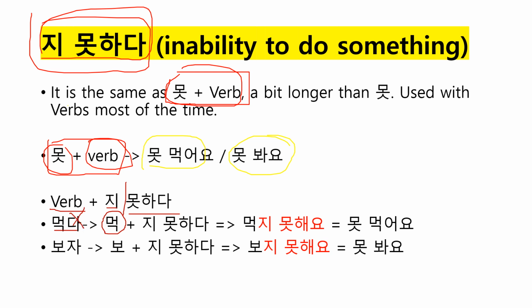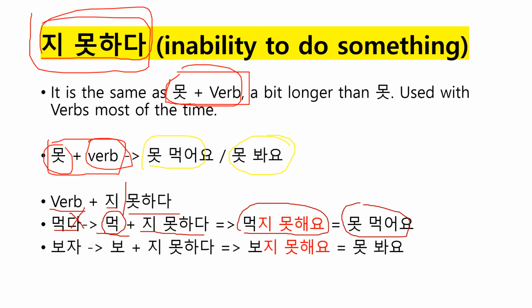So forget about 다, just take the 먹, and then 지 못하다. 먹지 못하다 becomes 먹지 못해요. Or it's the same as 못 먹어요. So it depends on you which one you prefer. 먹지 못해요 or 못 먹어요. It's the same thing.